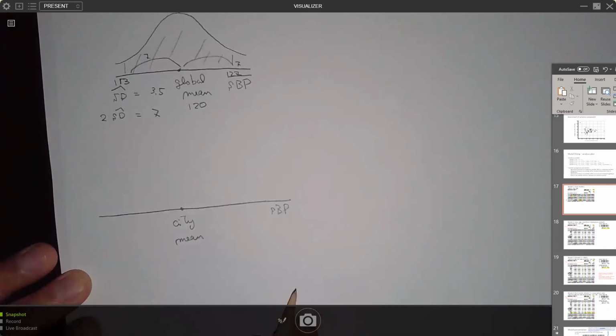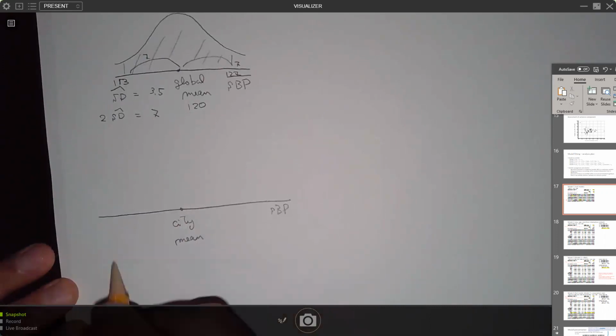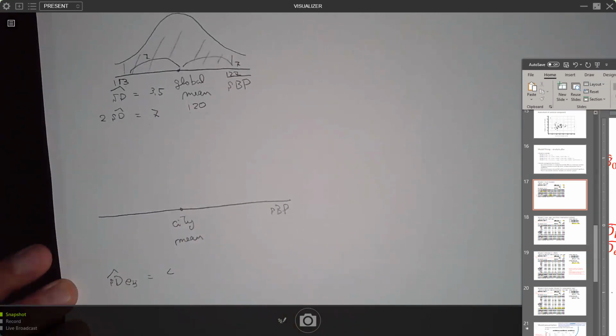And according to the estimations, estimated standard deviation for residual was roughly, how much was it? Was it 20? So it was 21, okay. 21. So 2 standard deviation is going to be about 42.